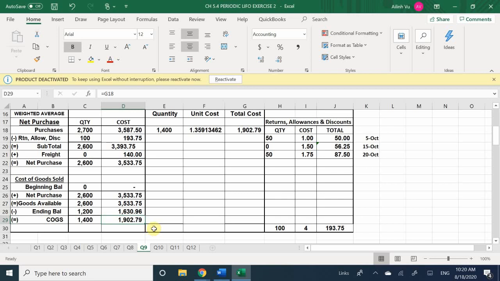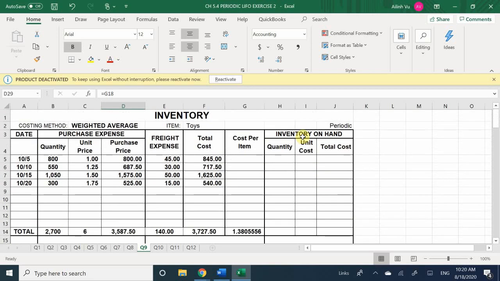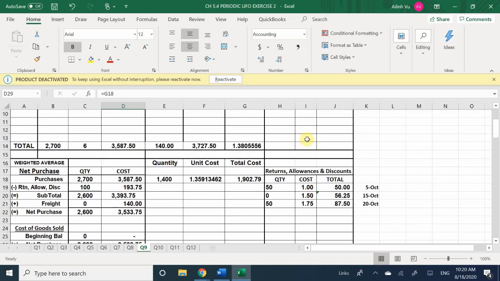So, as you can see, out of all the three costing methods, this one is the easiest one to get because you're not dealing with which batches come first. You're just dealing with an overall number. And the way we calculated it was the easiest way to calculate it, and it's the easiest way to memorize it as well. And you're going to commonly see this one widely used more often than the other two methods.